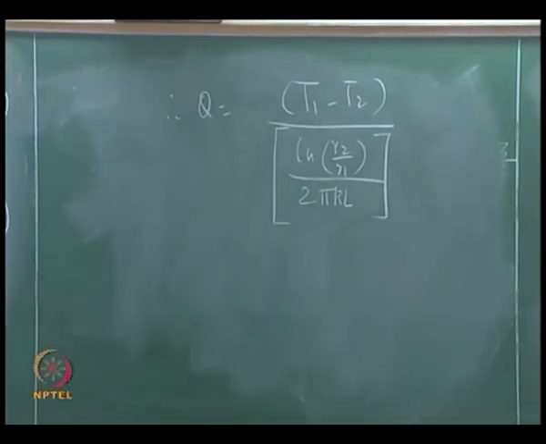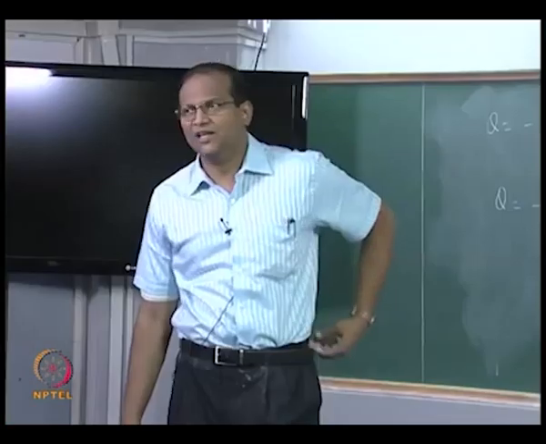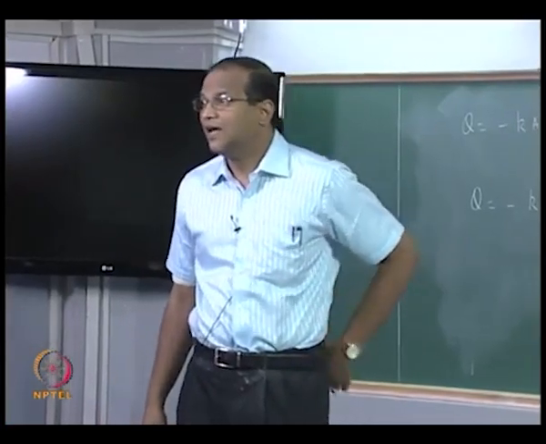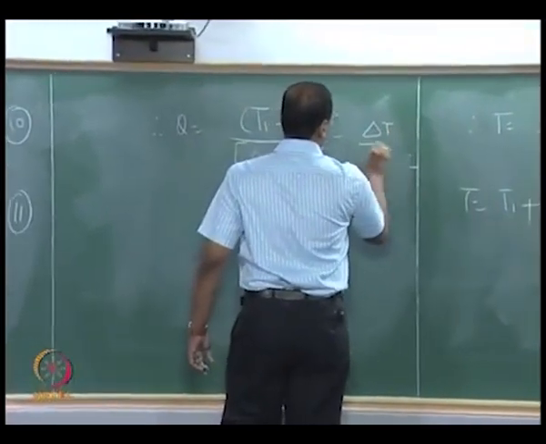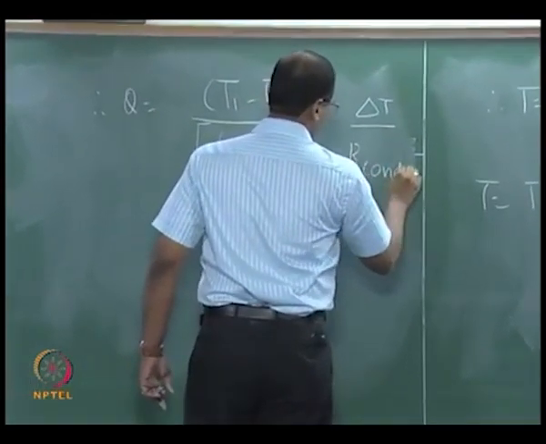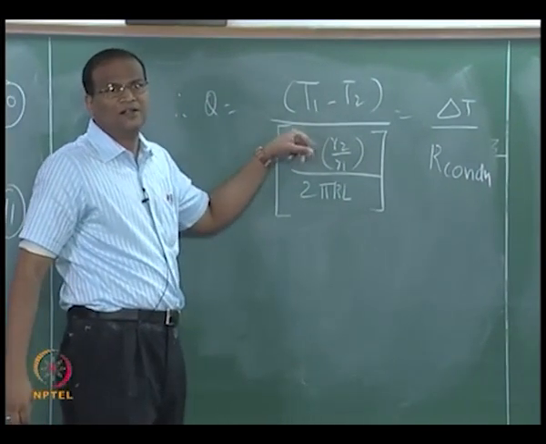Okay, when I say Q equal to delta T by something, what is that something? That is the resistance. What is the only resistance which is occurring in this problem? It is the conduction resistance because of finite conduction across the thickness of the tube. That resistance will vanish in the event of the thermal conductivity of the material tending to infinity. So the conduction resistance involves a log of the ratio of the radii.